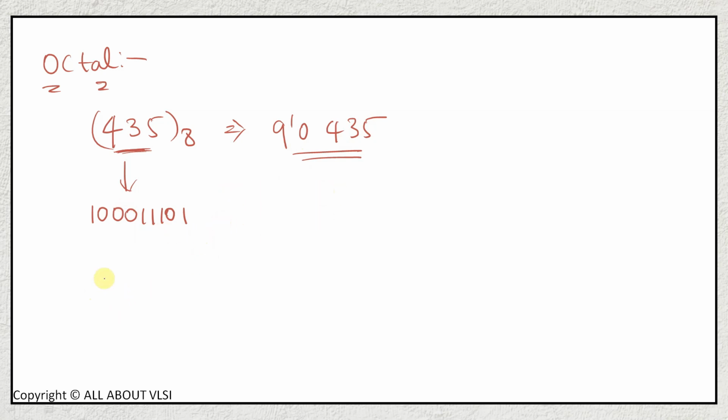Now let's say we have 43x to the base 8, then also the same, 9 tick O 43x. This is how we are going to represent any octal number in Verilog. Now let us see how to represent hexadecimal numbers. Let's say we have the hexadecimal number ff to the base 16.